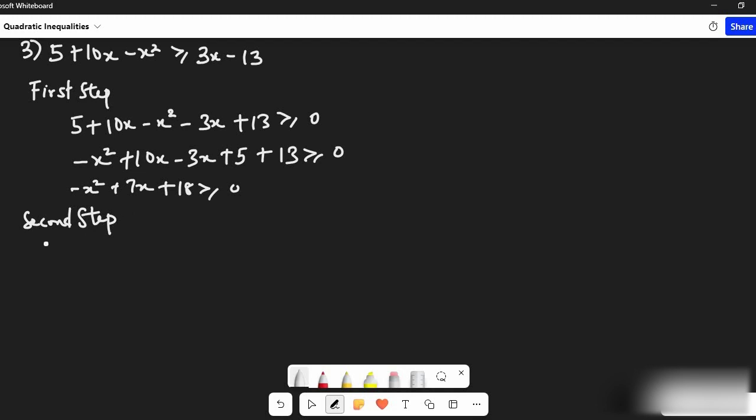Now we have to determine whether we have a minimum or maximum curve. Since a is equal to minus 1 and minus 1 is less than 0, we have a maximum value, meaning that the curve will look like this. Alright, so now we determine the zeros of the function so that we see where the curve intersects or meets the x-axis.